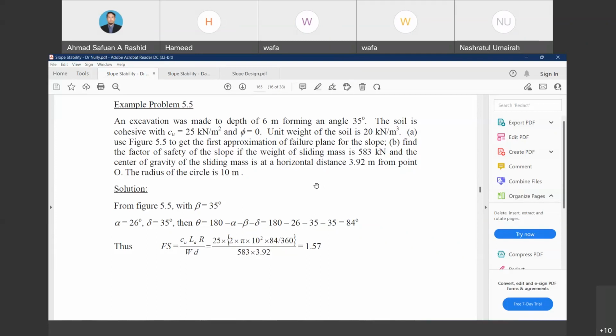So we need to refer to figure 5.5 first before we start the calculation, because we want to determine what is the theta value.